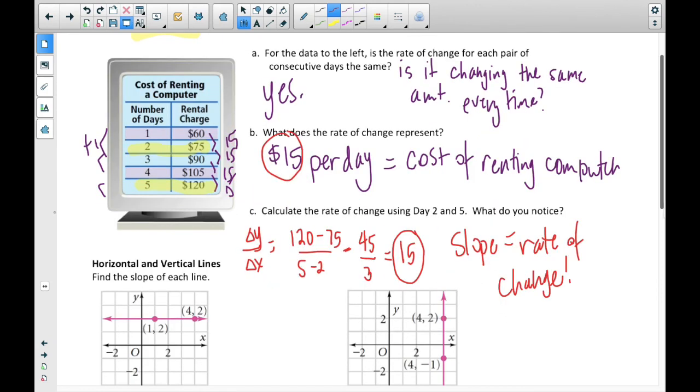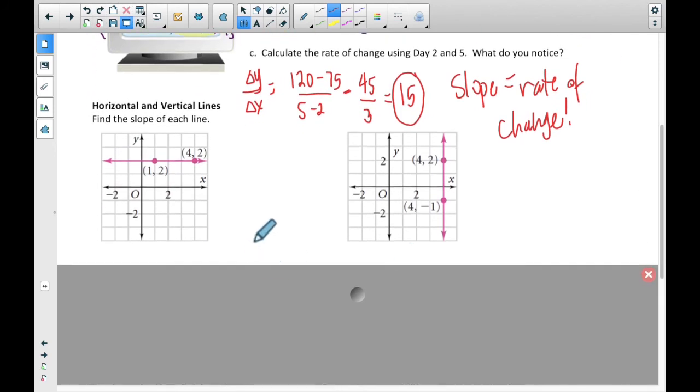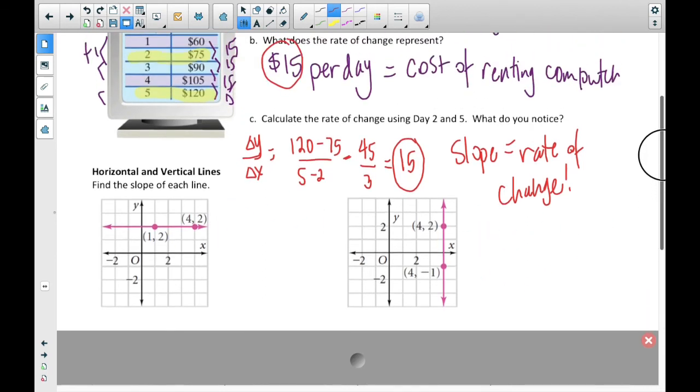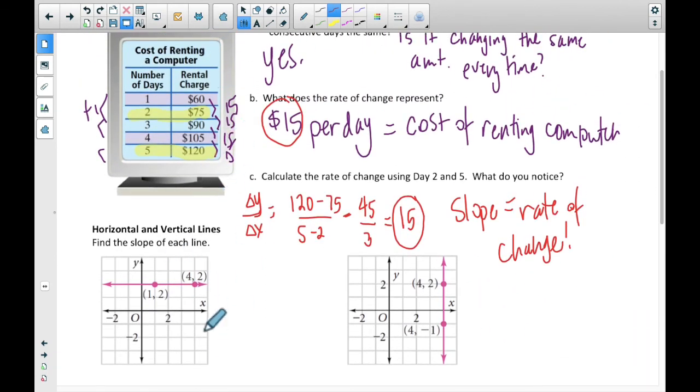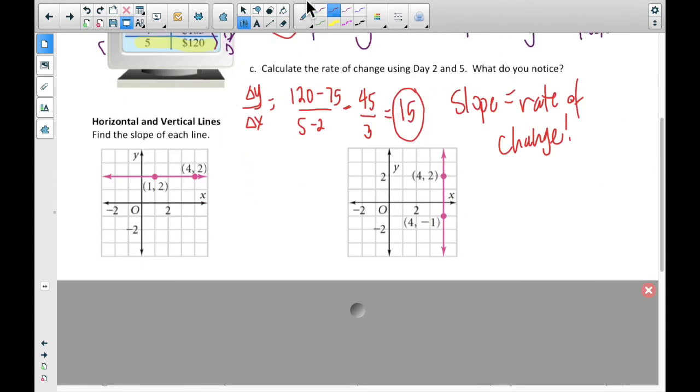Okay, let's look at a couple more graphs. Slope and rate of change are the same thing, okay? They mean the same thing. Sometimes we have context, like words, and like on this one. In this one, we don't have any words. But on this one, they give us coordinates. So we have these two coordinates.